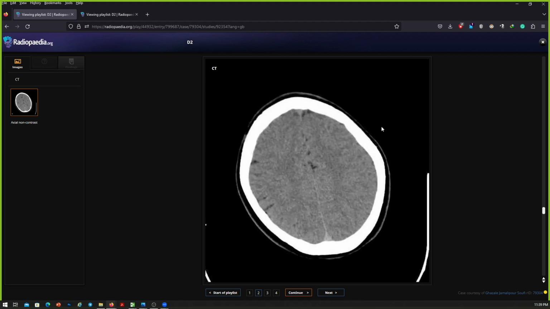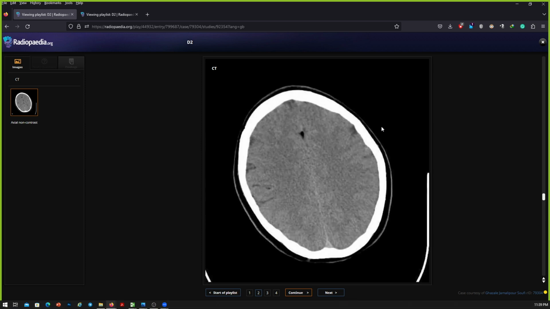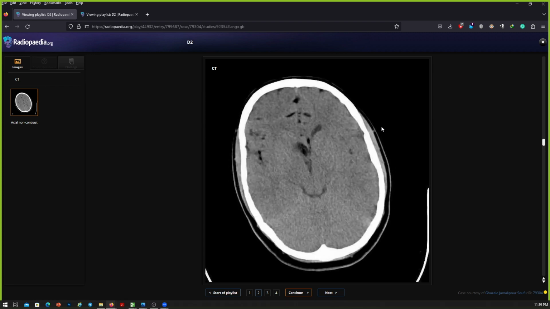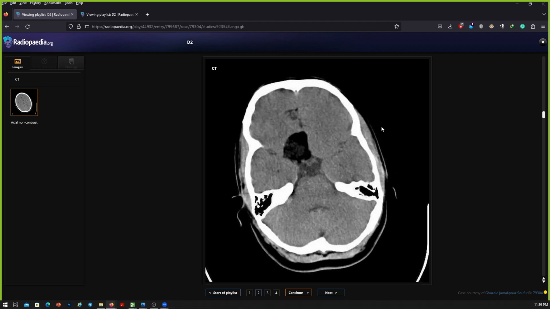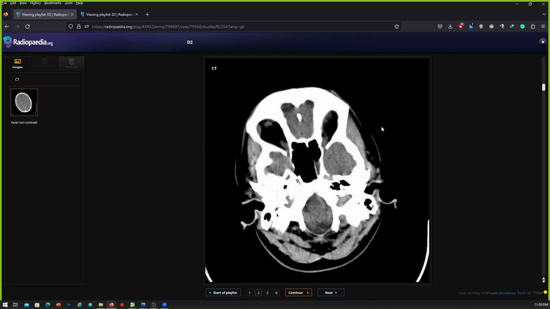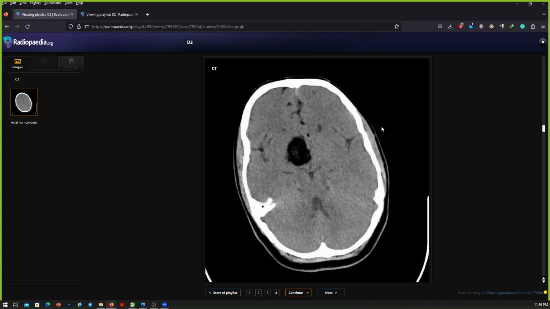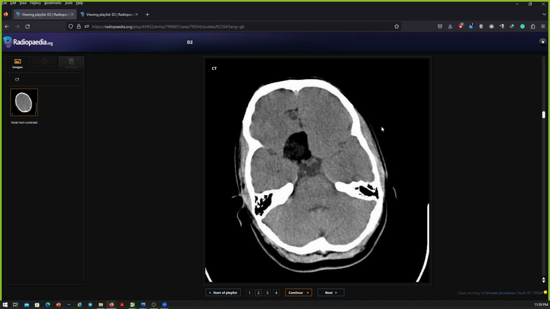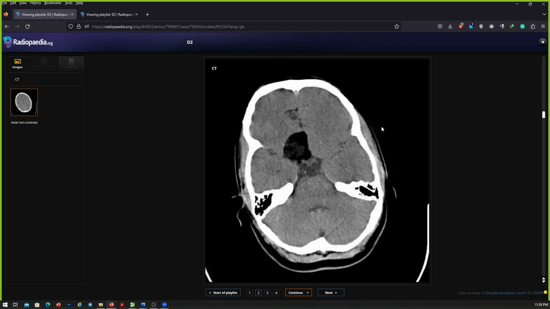I can appreciate many foci of hypodensities seen along the falx, anteriorly and also in the right, abutting the falx from the right side. For me, they look like fat density. However, I would like to confirm by measuring the HU in my normal practice. I'm looking for any intraventricular foci as well.